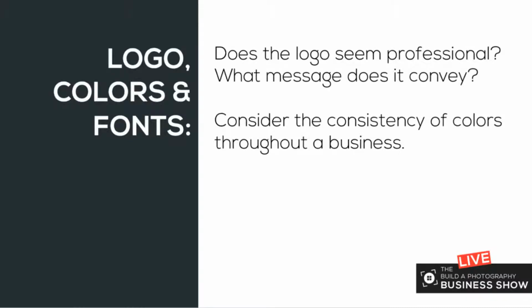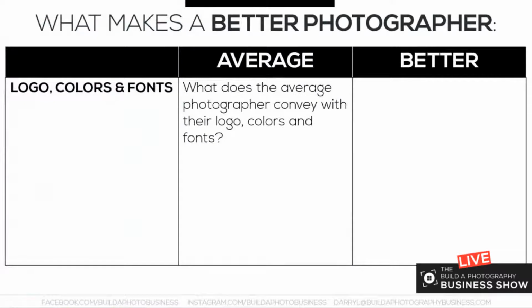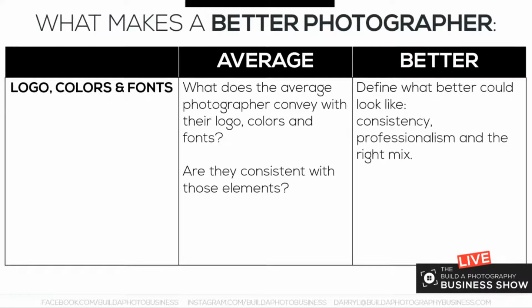So taking a look at our table, what does the average photographer in your market convey with their logo, their colors and their fonts? Okay, are they consistent with those elements, or are they inconsistent? Now, you don't want to be making assumptions, so take a look at what other photographers are doing and assess their logo, colors and fonts. And after that, you want to write down what a better version of that could look like.